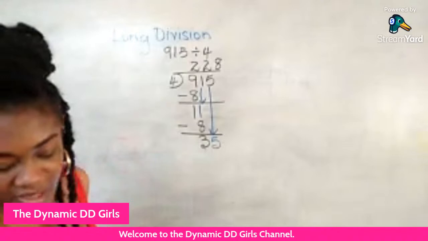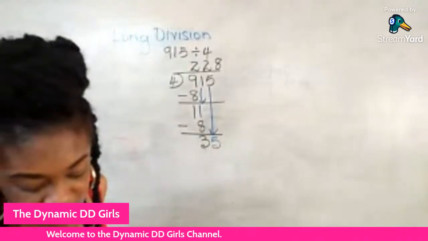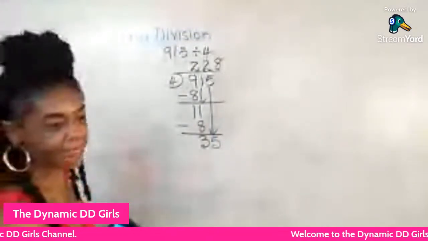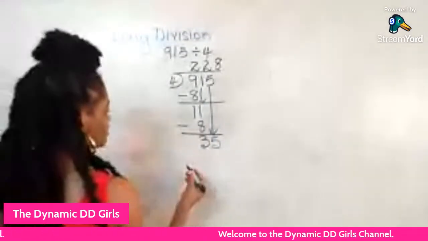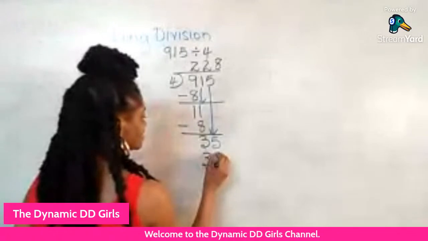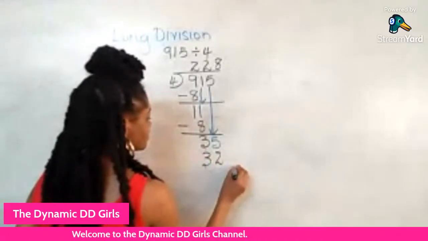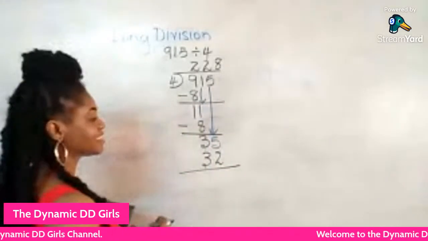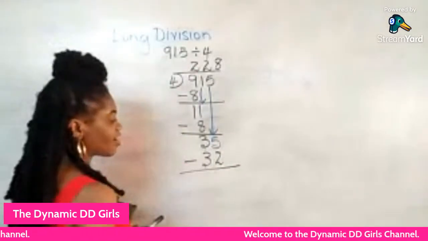Tell me now. All right, so 4 multiplied by 8, of course, that's 32. And of course, the next thing we're going to do is that we're going to take away.